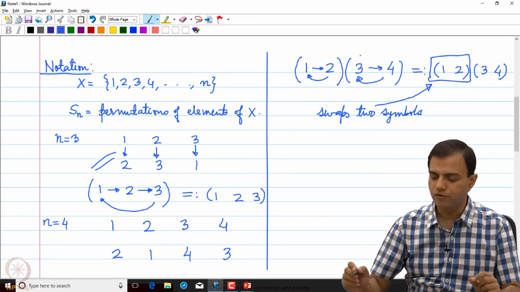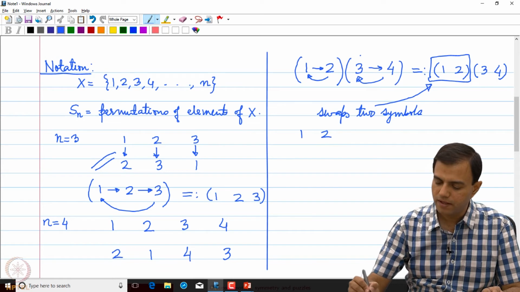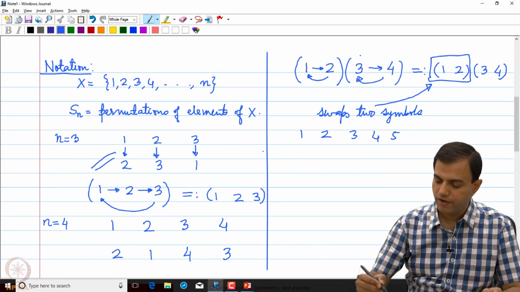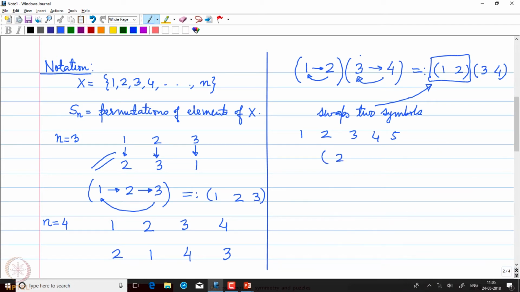So I have 1, 2, 3, 4, 5, say for example, 5 symbols, and there I can consider (2 3). What is (2 3)? It is the one which takes 1, 2, 3, 4, 5 and takes 3 here, 2 here, it just swaps, right? Swaps like this, and everything else is intact.